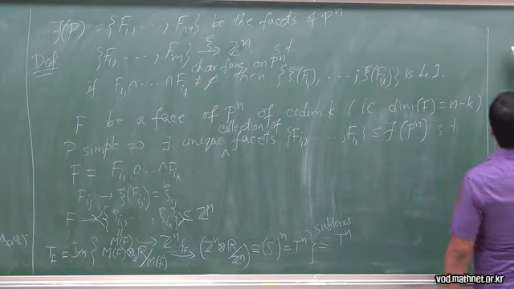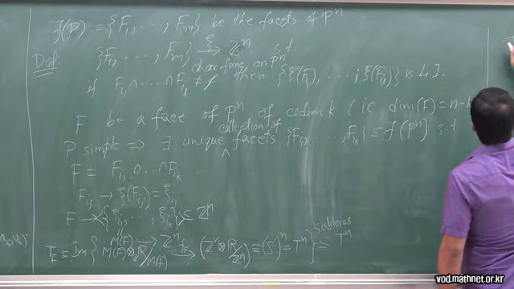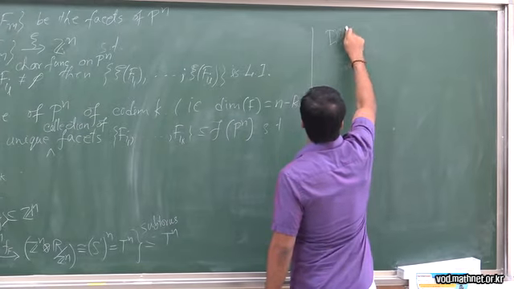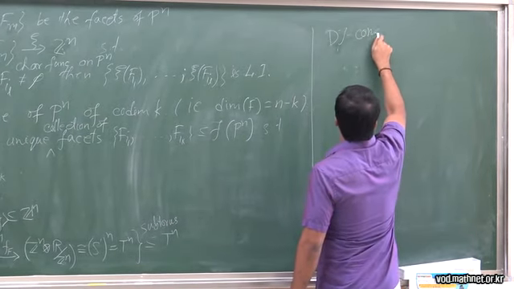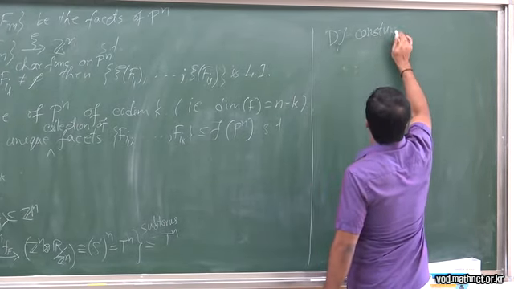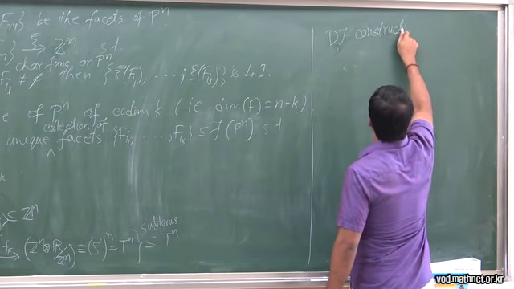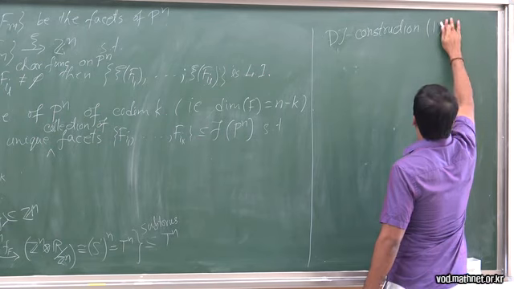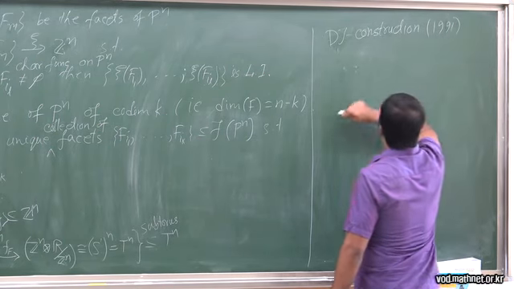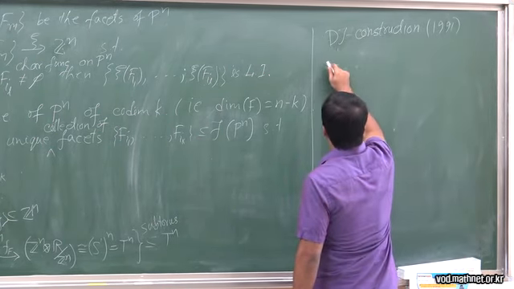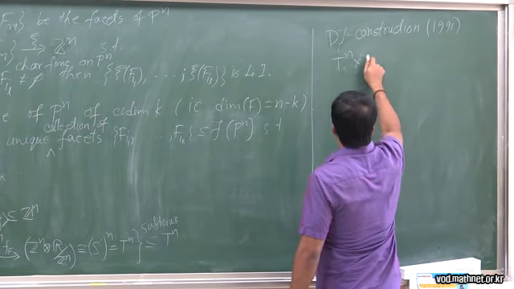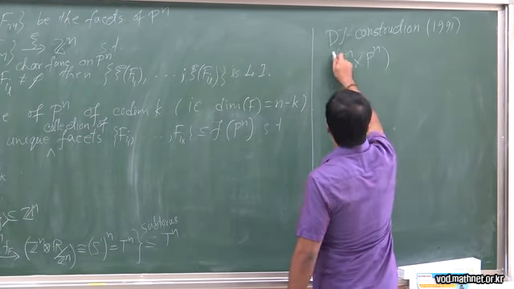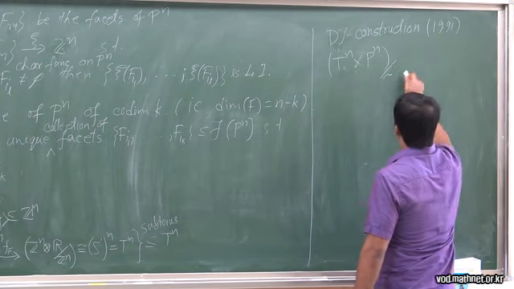Okay, so now we can use the Davis-Januszkiewicz construction. There is a 1991 paper where we have T^n and P^n. Now we want to define an equivalence relation.